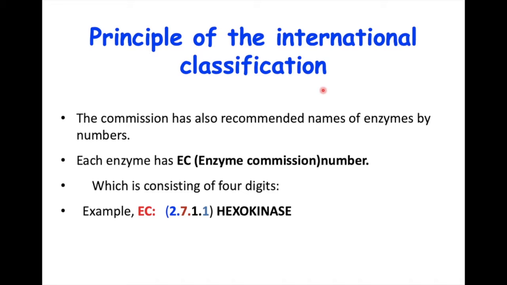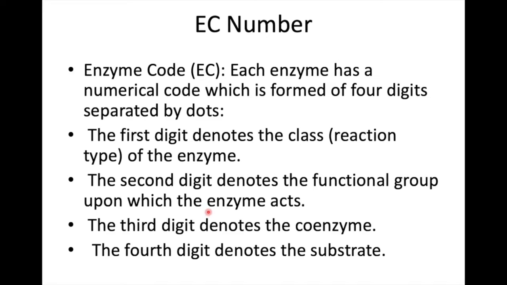For example, hexokinase is the name of the enzyme and its EC number is 2.7.1.1. What is the meaning? An EC number is a numerical code formed of 4 digits separated by dots. The first digit denotes the class, that is, the reaction type of the enzyme.